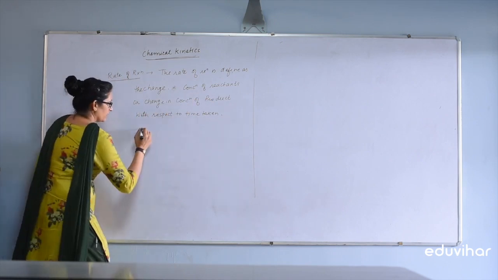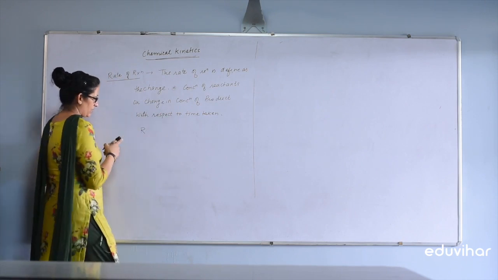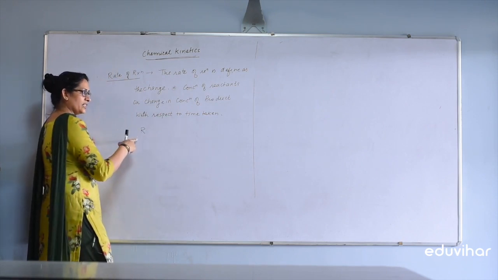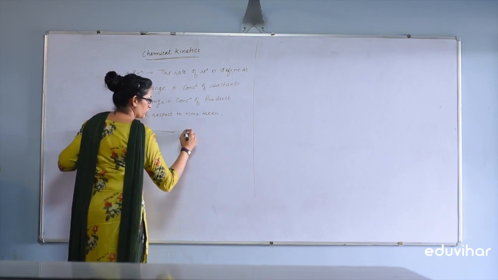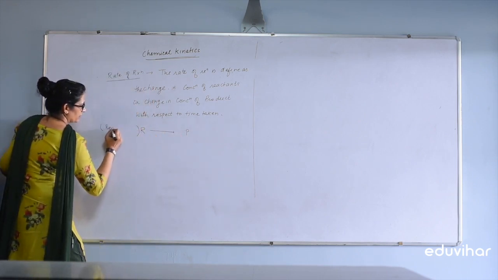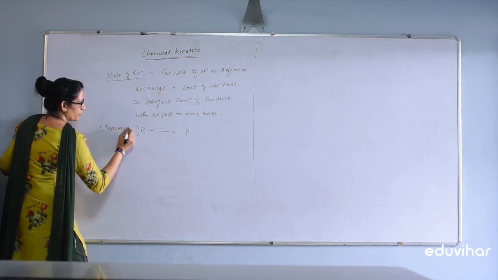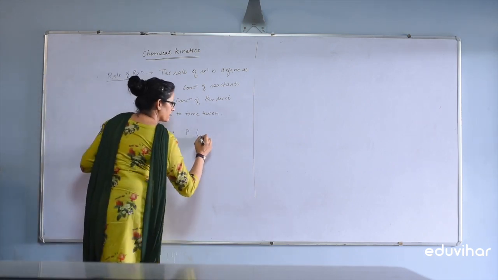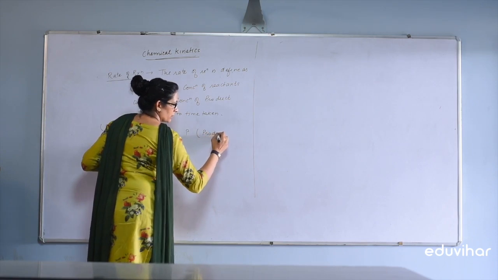Let us consider a reaction in which the reactant R changes into product. This is the reaction. The R represents the reactants, and P represents the product.